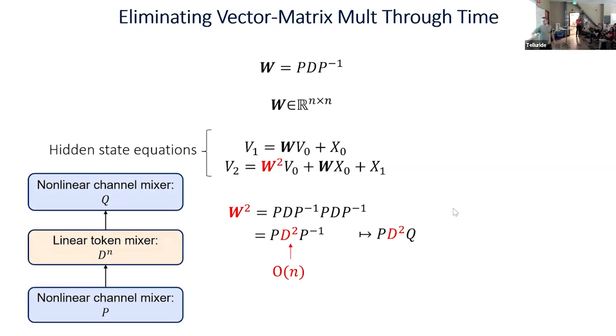Your nonlinear channel mixer, then your linear token mixer, which is mixing information over time, is just your D to the power of n. I say n here, really it should be whatever time step you're at. And that gets fed into another nonlinear channel mixer. So everything I said about the universal function approximation theorem still holding true is upheld here. That's quite nice, at the end of the day.